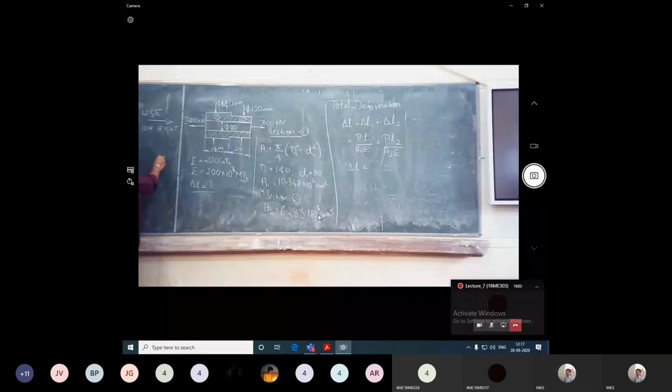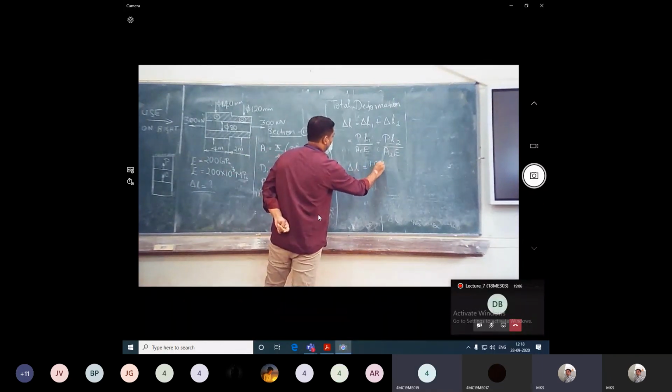This total delta L you find. Total delta L is 1.056 mm.